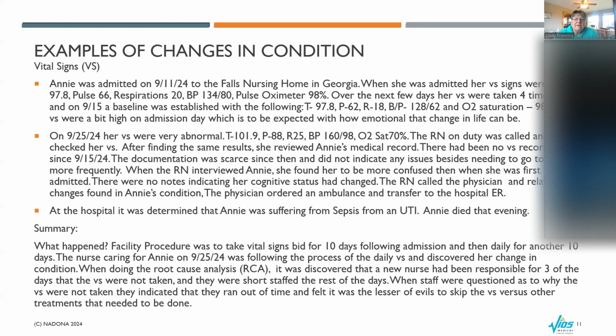Then as the days passed over the next few days, her vital signs were taken 4 times a day. And on 9/15, a baseline was established so that we could compare that to any changes or any vital signs that were different.